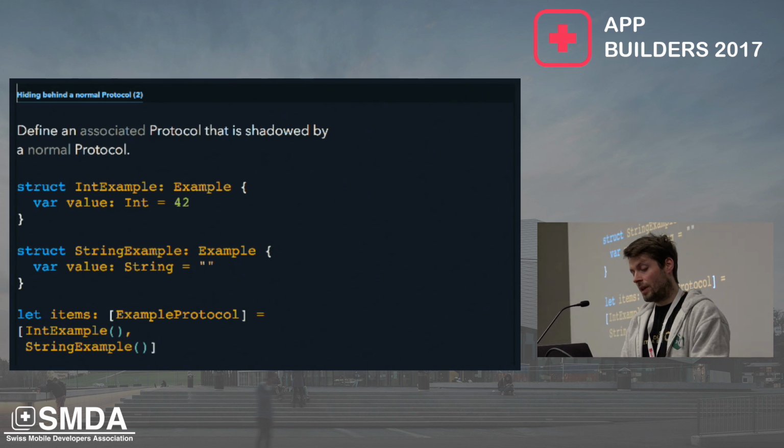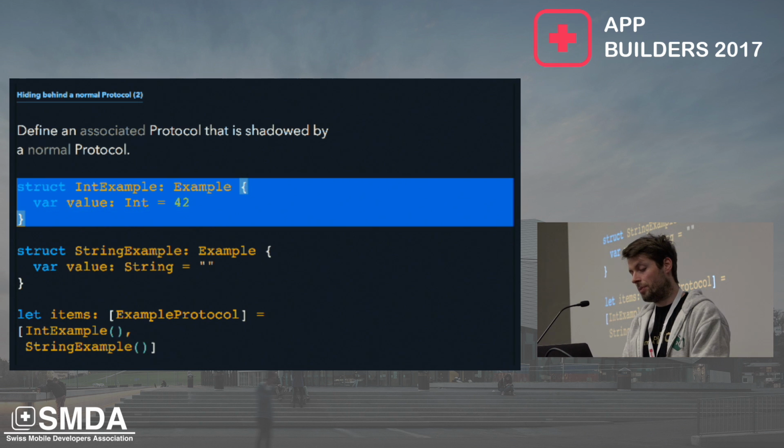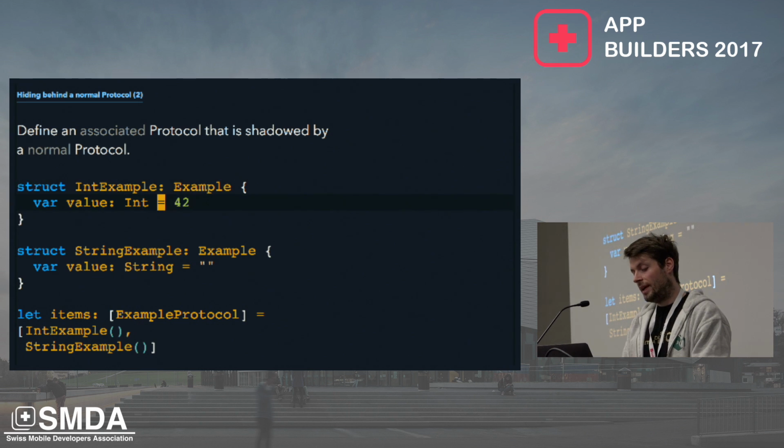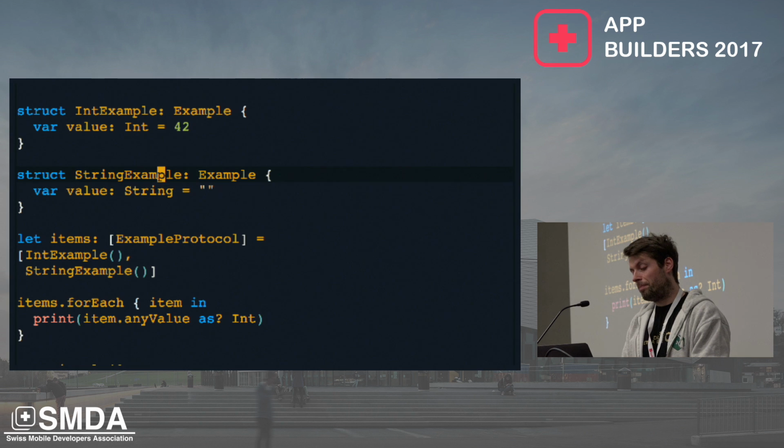And when you do that, we have two structs here, both implementing the ExampleProtocol. Since by adopting this, which also already implements the shadowing protocol, we can create an array of different types, even though they have associated types in them.